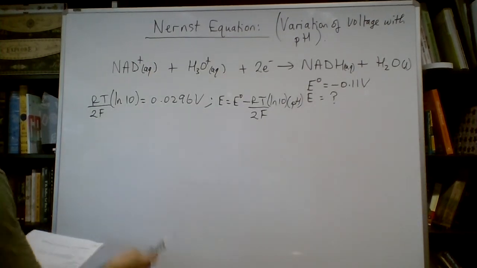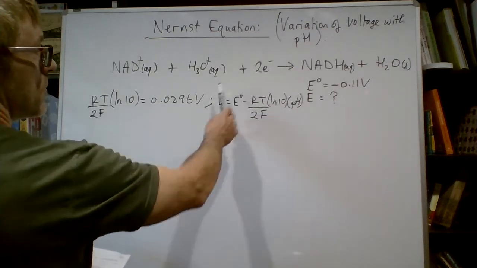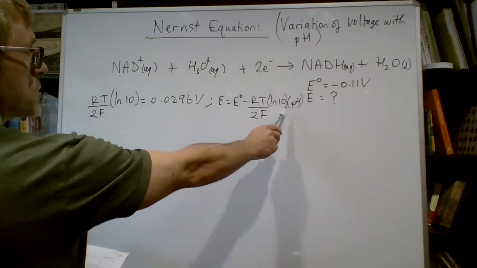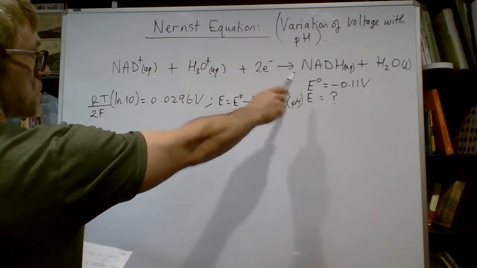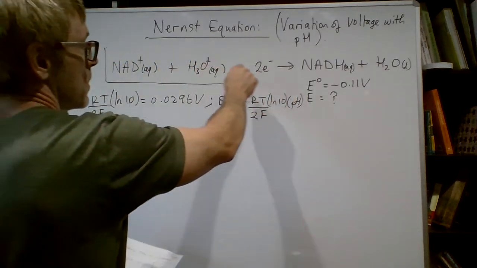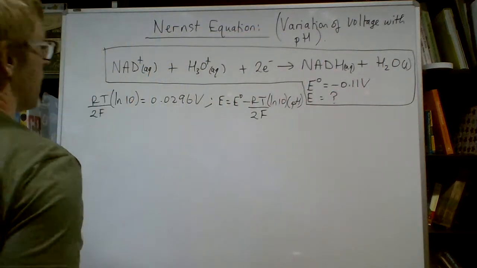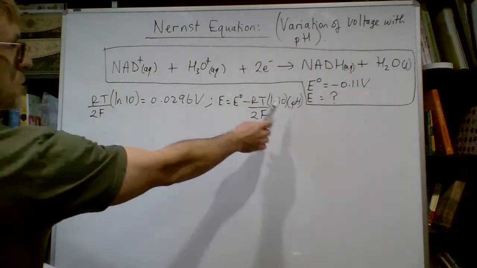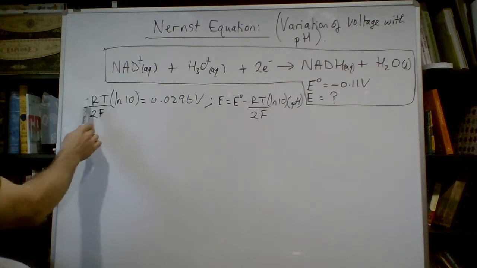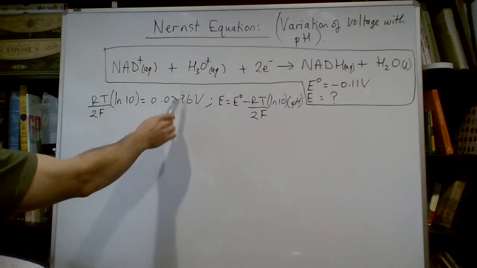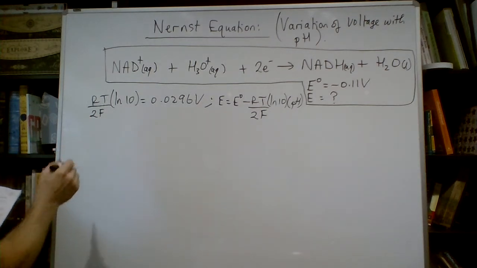Okay, so in the previous board, we had our variant of the Nernst equation with our pH for this particular expression. And then we solved for the non-pH constant part of the expression. So RT over 2F log 10 was this number of volts.